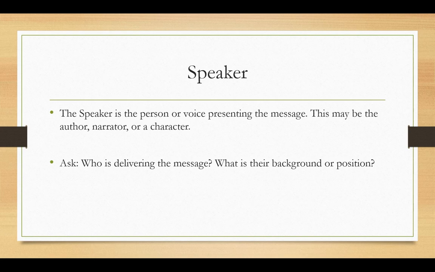Understanding the speaker matters quite a lot because different speakers have different perspectives. For example, a scientist talking about climate change will probably sound pretty different than a politician talking about the exact same topic. Whenever you're analyzing a text, one of the questions you should ask is, who is speaking? Who is delivering this message? And what is their background or position?